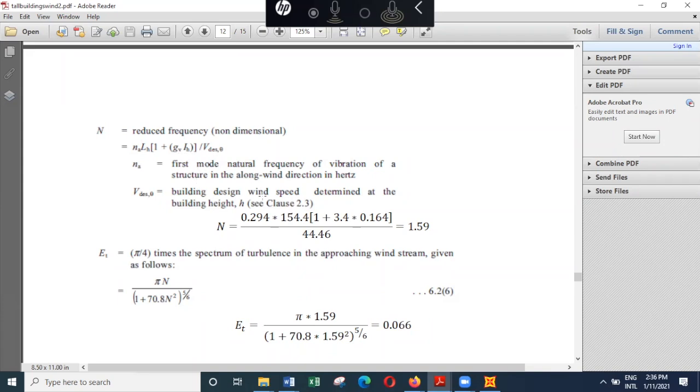So that is the design speed that we use. And theta means the orientation, but in Sri Lankan conditions, I told you earlier that we don't consider the orientation. It's the same value. So N is equal to 0.294 times 154.4 times (1 plus GV, which is 3.4, into IH, which is 0.164) divided by the velocity. So you will end up with 1.59 for N.